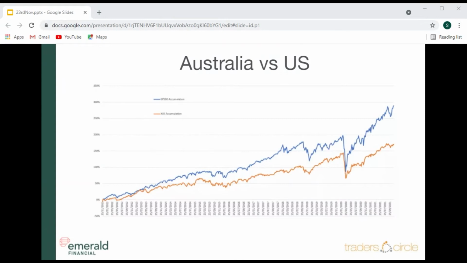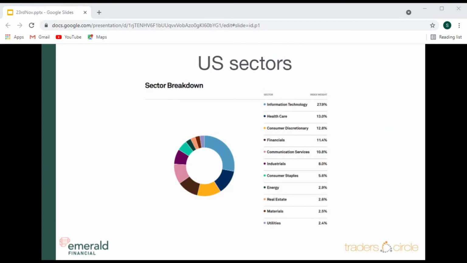So why is that? Well, one of the first things that we like to discuss when we compare US markets to our own market is the difference in the sector composition of these markets. In the US, they have a very large amount of high value tech stocks. They have a large amount of healthcare and discretionary stocks. And these are stocks that tend to be what we call growth stocks, particularly the technology stocks.